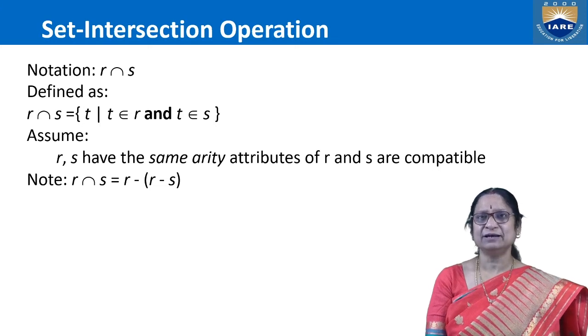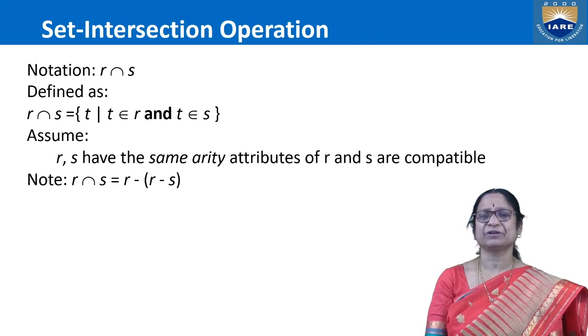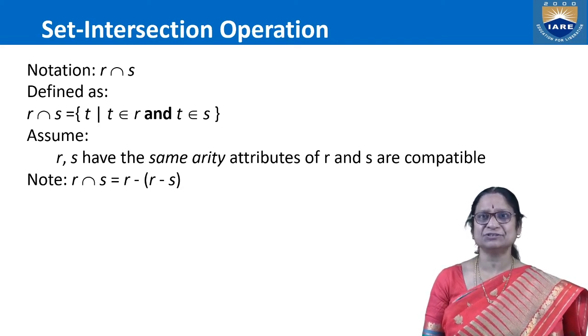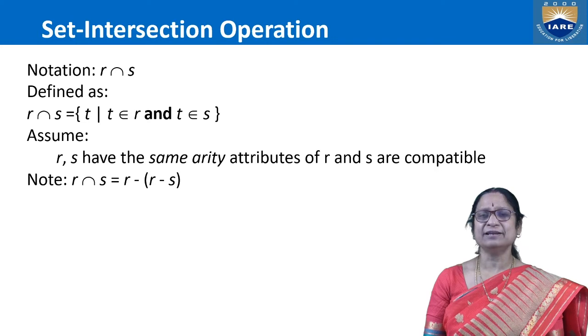As we discussed earlier, this is a derived operation, so intersection can be expressed by using our basic operations. Set difference is a basic operation which we defined. So, set intersection R intersection S can be written as R minus (R minus S).